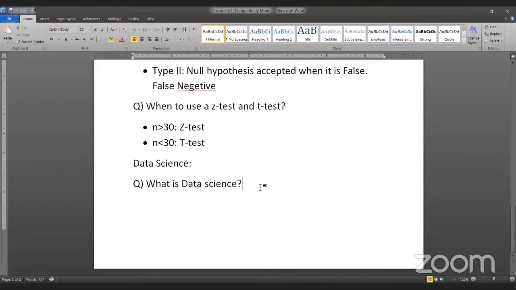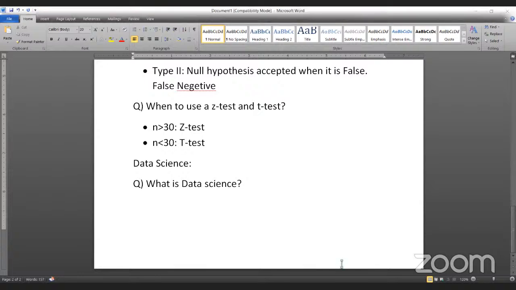We can say data science is an interdisciplinary field which uses scientific methods, processes, algorithms, and systems to extract knowledge and insights from structured, unstructured, and noisy data and apply that knowledge to get actionable insights from the data across a broad range of application domains.